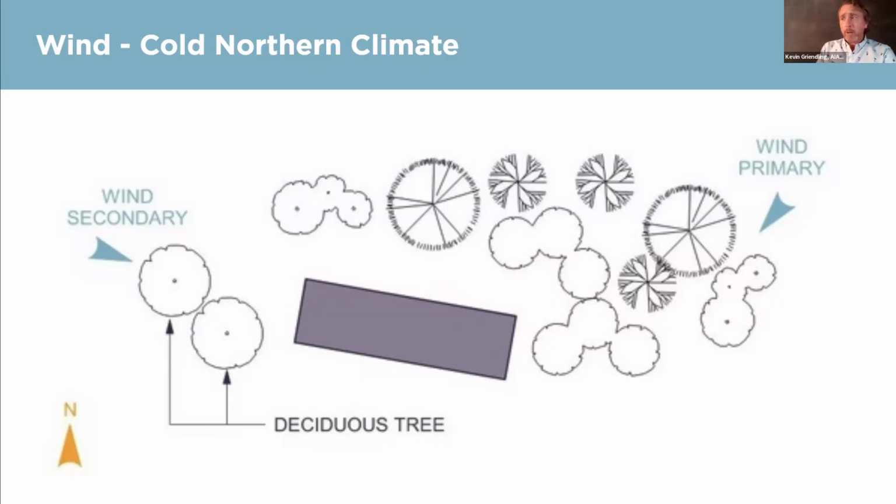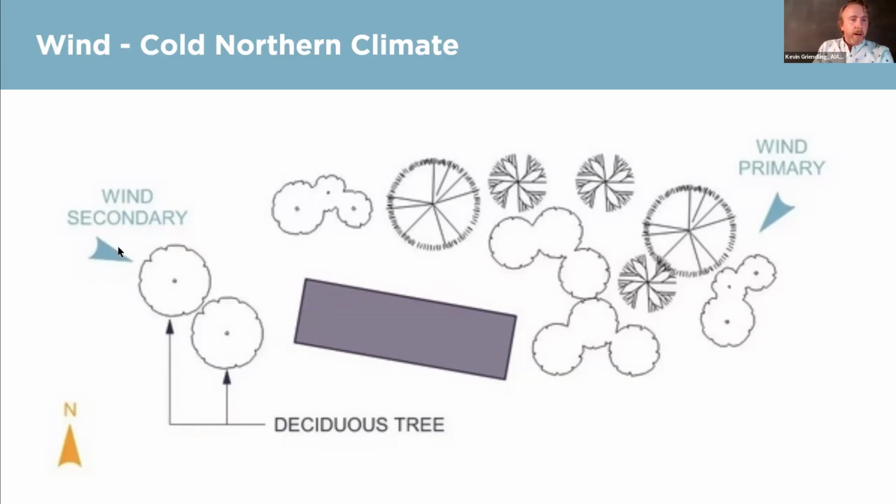In a cold northern climate, wind is going to be very critical because the winds are brutally cold. So if your wind rose is showing that your primary wind is coming from the northwest direction, and you have a secondary wind for the other part of the year coming from the west northwest direction, or I guess it'll be northwest.